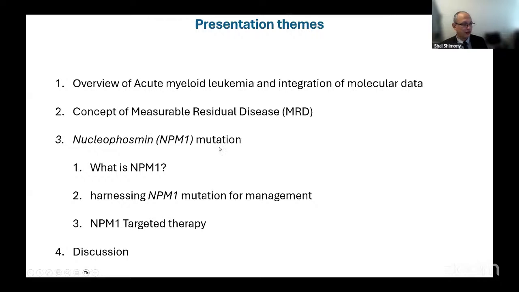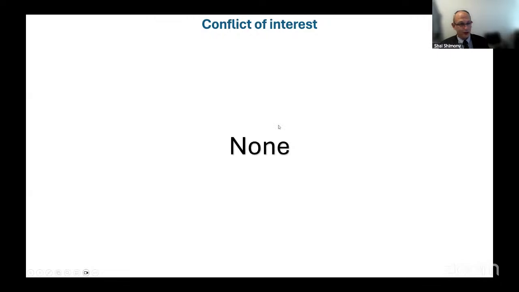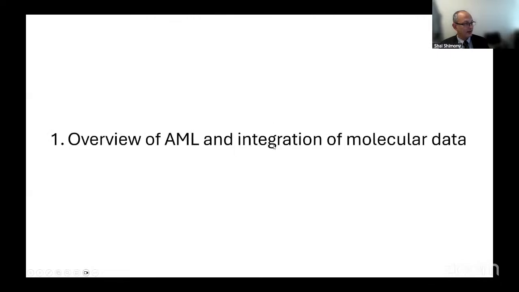How do we harness the data that we have with NPM1 for the management of AML? And I'll touch on, at the end of the NPM1 session, the targeted therapies that we have today for NPM1. And the most important part, in my opinion, is the discussion with you and answering your questions. I have no disclosures, and let us start.